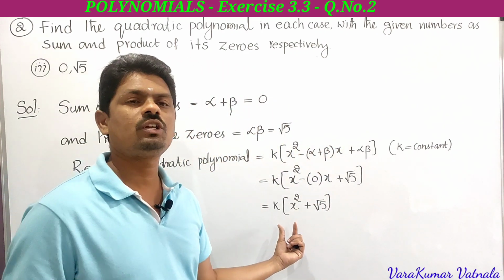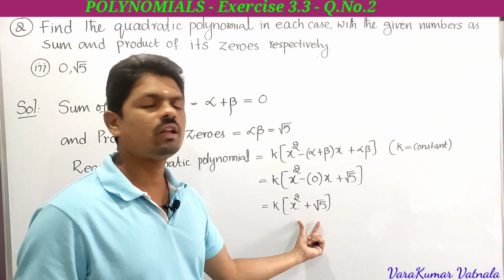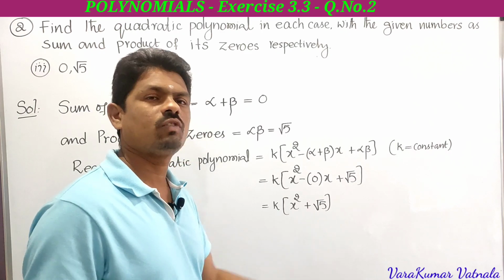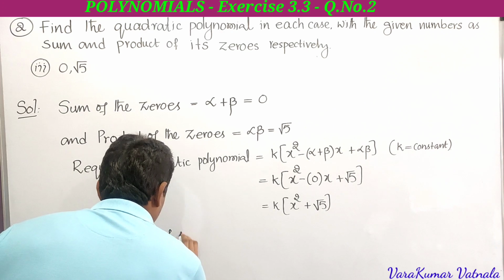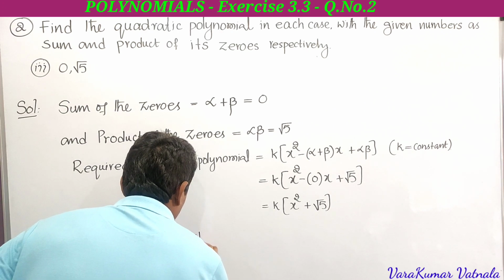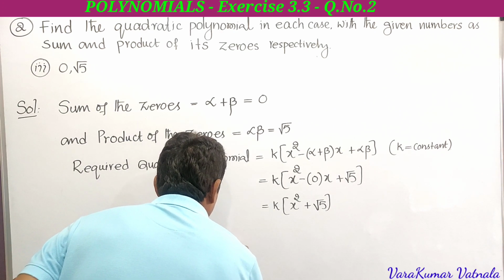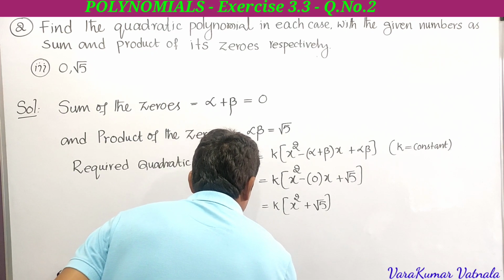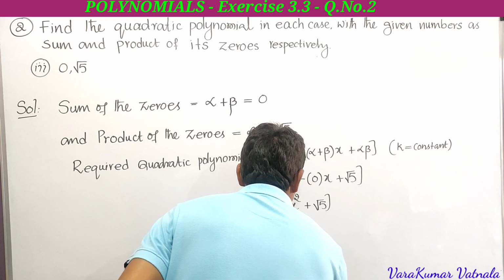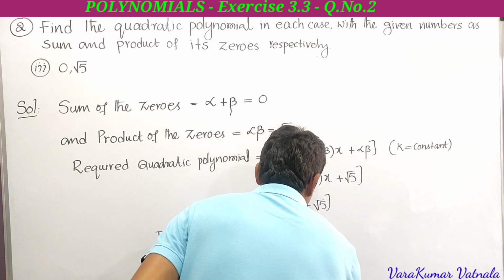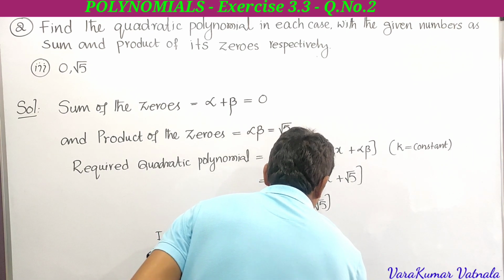So if we substitute k is equal to 1, then the required quadratic equation is x square plus root 5. So if k is equal to 1, then quadratic polynomial is equal to 1 into x square plus root 5.